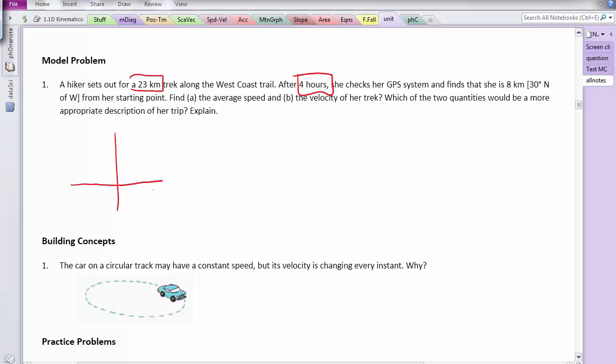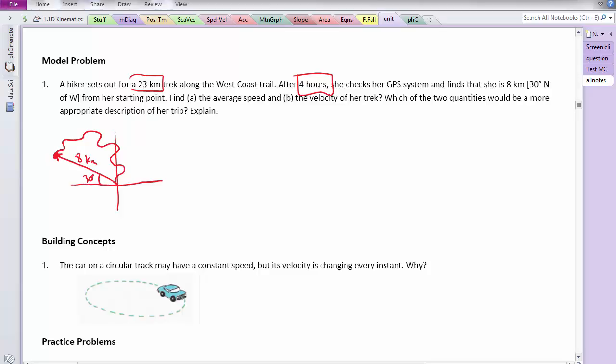She's 8 kilometers 30 degrees north of west. That's the position vector, 8 kilometers, and this is 30 degrees right here. Of course, she could have walked all kinds of ways to get there, but that was her final position.